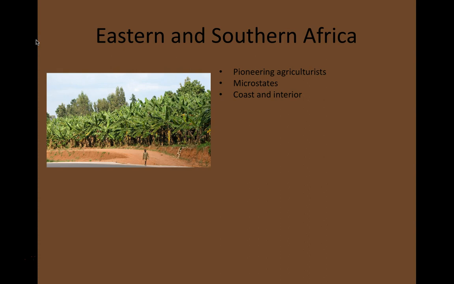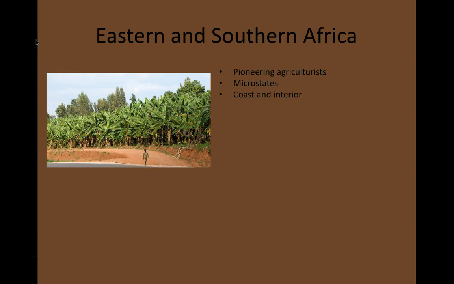There was a trade relationship between the coast and the interior. They were dependent on each other, but they did not mix socially as much as they might have. There were cultural taboos and things, I think, that kept them from mixing at a higher level.